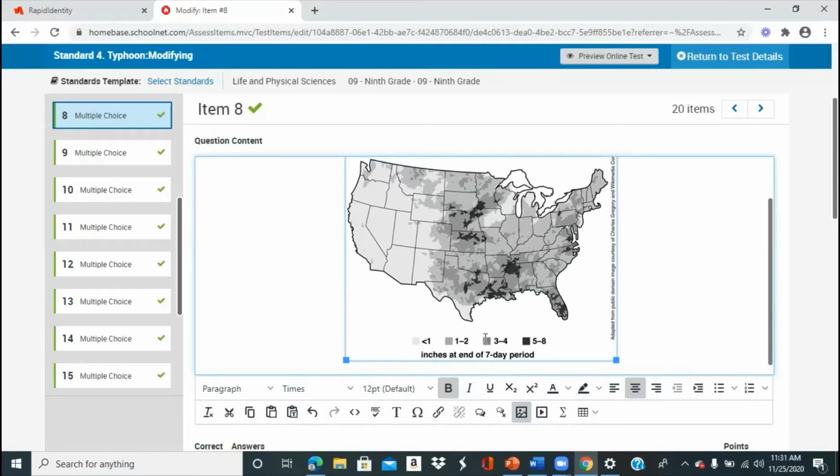So we're going to take a look at the 3 to 4 inches legend, which is represented by a darker hue of gray. Same thing. There are some locations in the northwest and in the northeast that should not be bothered about flooding, because their area is not having severe flood height. Now we move forward to the darker shade of black.